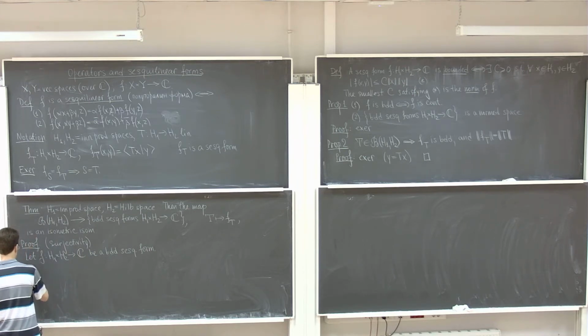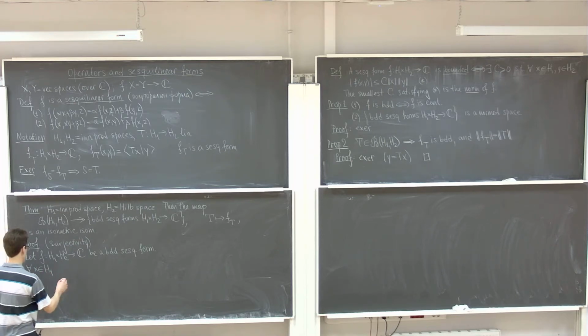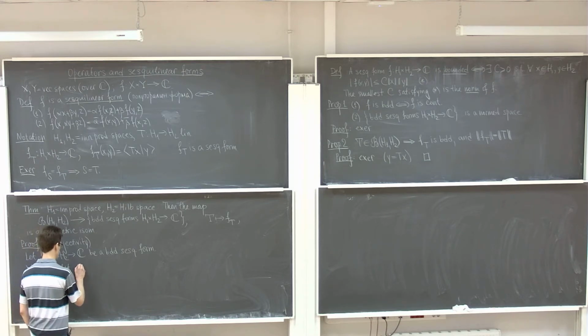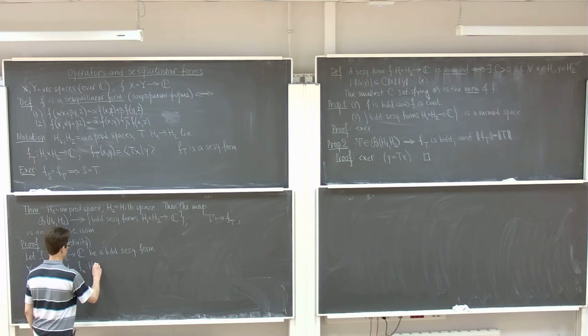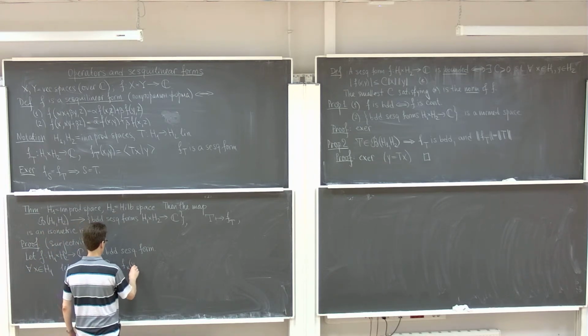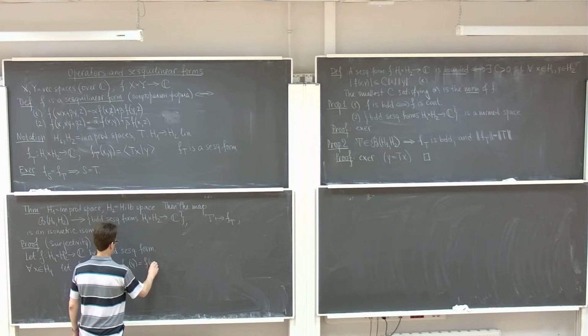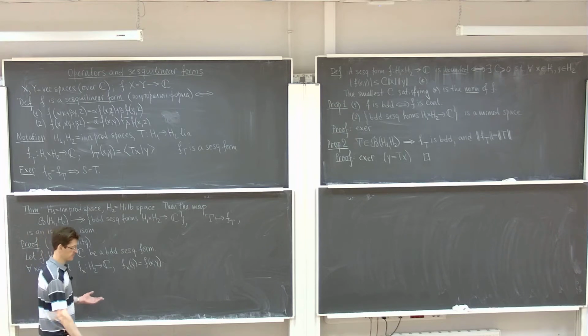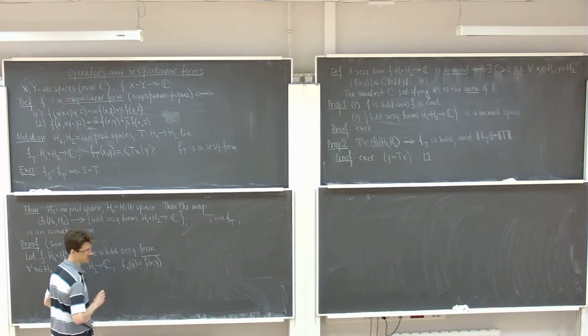We take an arbitrary element x in H1, and we define a linear functional f_x on H2 by the following formula. So since we want a linear functional, I have to put the complex conjugation here.